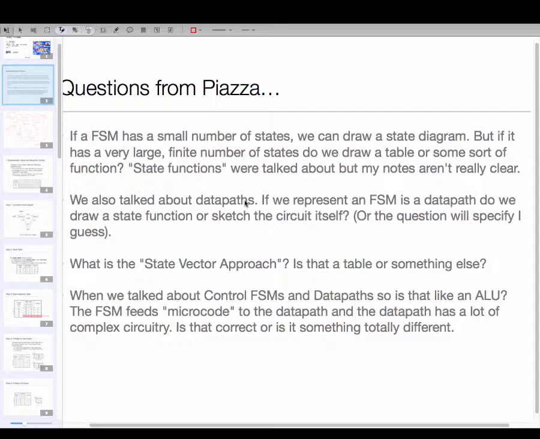Usually, data path would have ALU together with registers and perhaps some other sequential stuff as well, and some other combinational stuff as well. FSM feeds microcode to the data path, micro instructions. So the connections going from control FSM to the data path are a set of bits which are basically telling data path what to do.